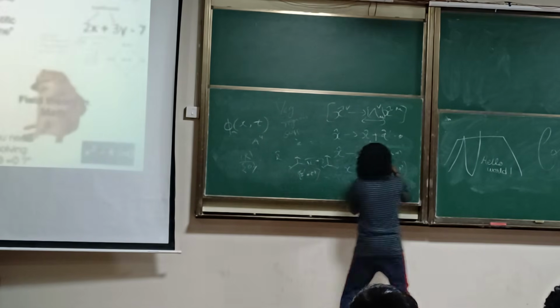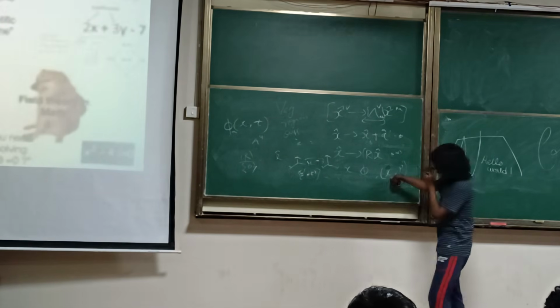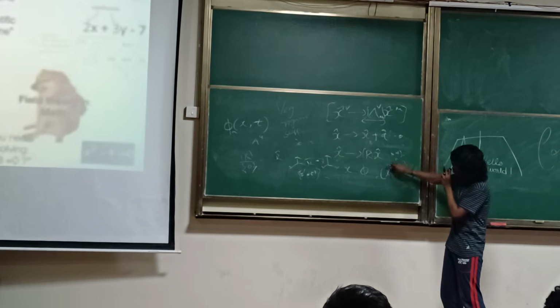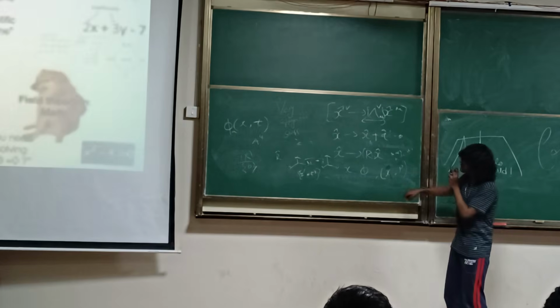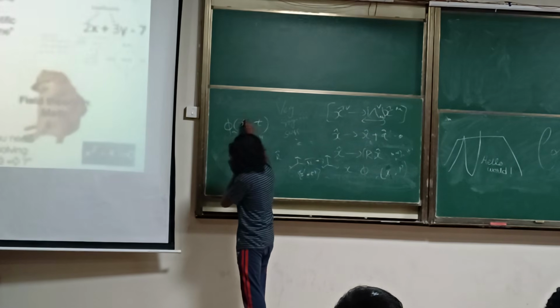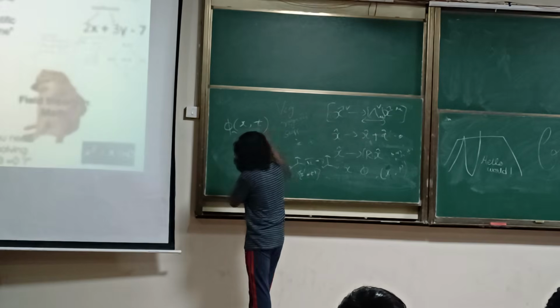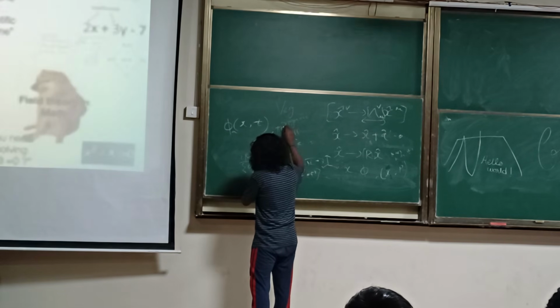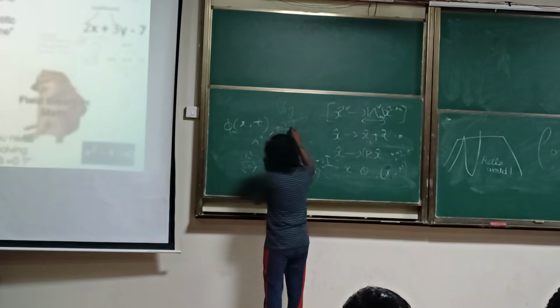Here, t is a parameter, x is not. Now here I have a function which takes x and t as parameters, and it has a conjugate momentum, let's say.